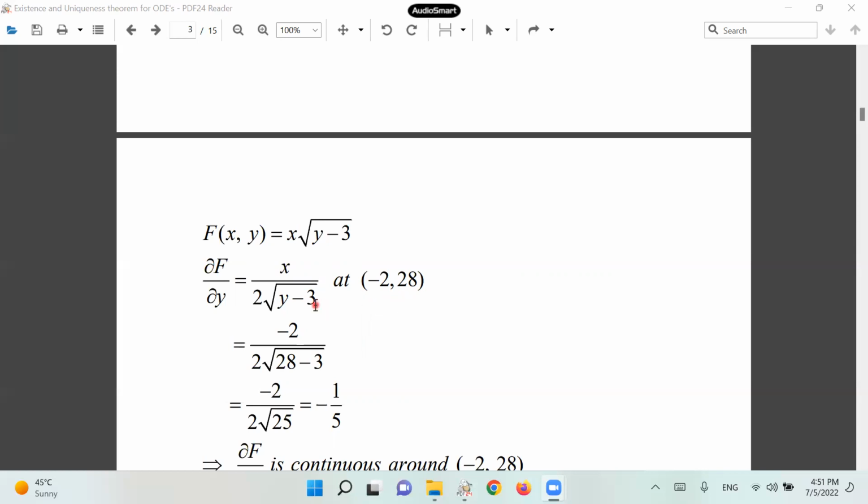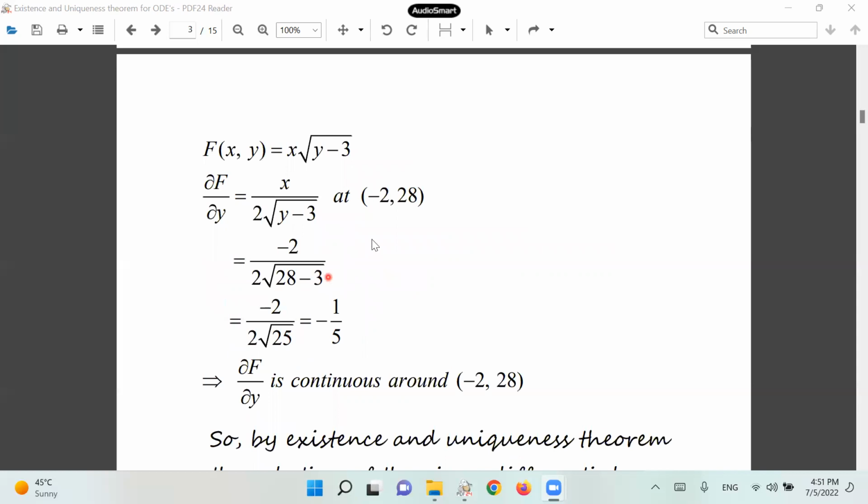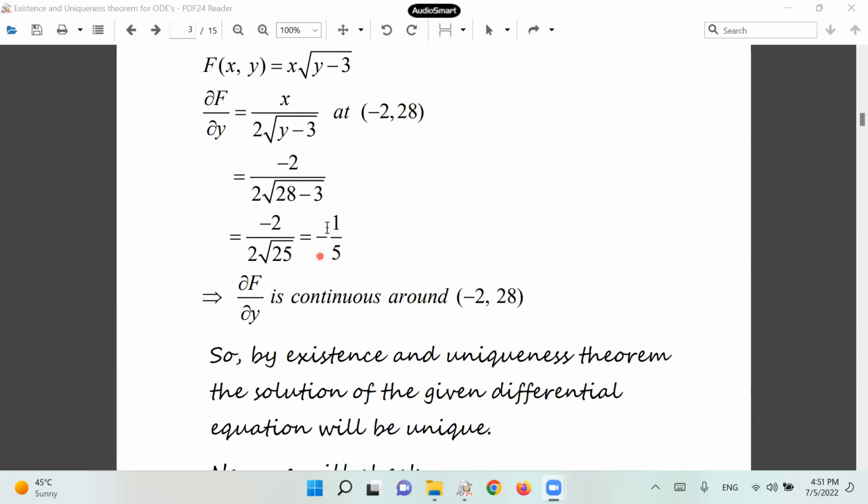And then we substitute these points into this function. When we apply the given values of minus 2 and 28 in this equation, we get the answer equal to minus 1 over 5. So this is again a real value. This means that partial f over partial y is also continuous around minus 2 and 28.